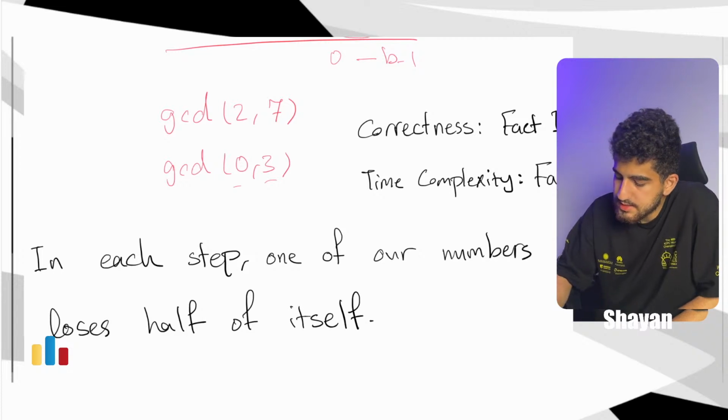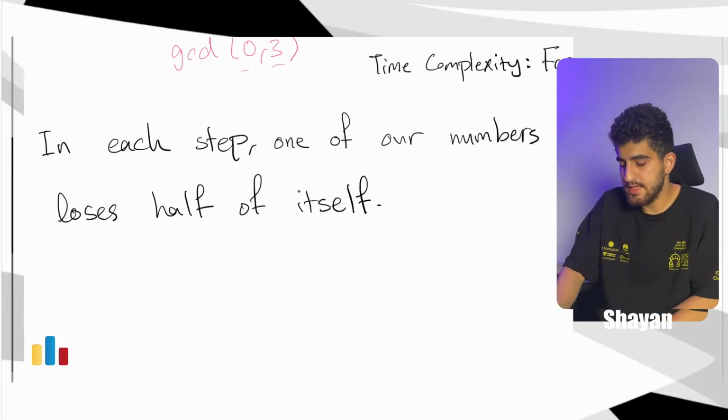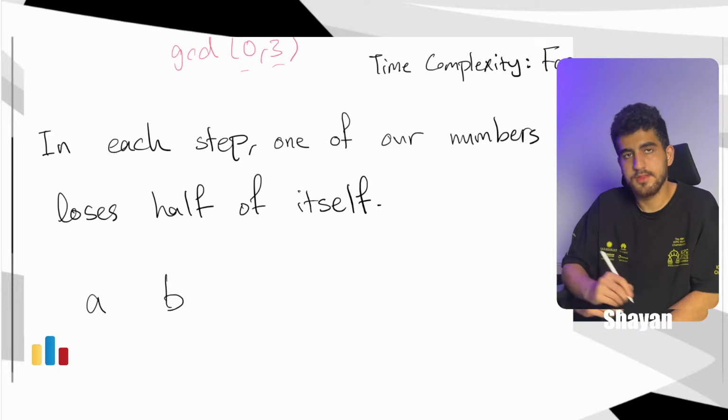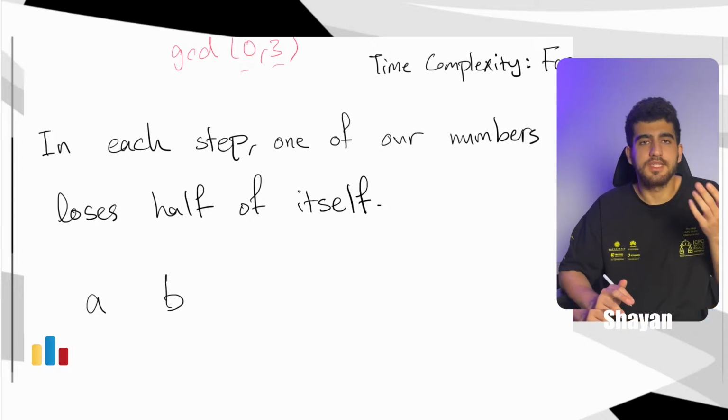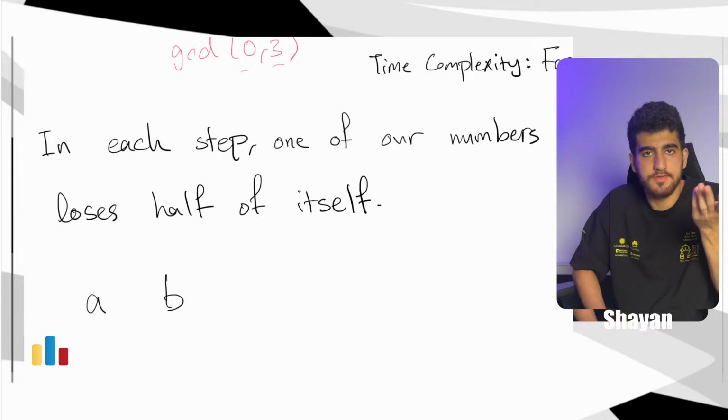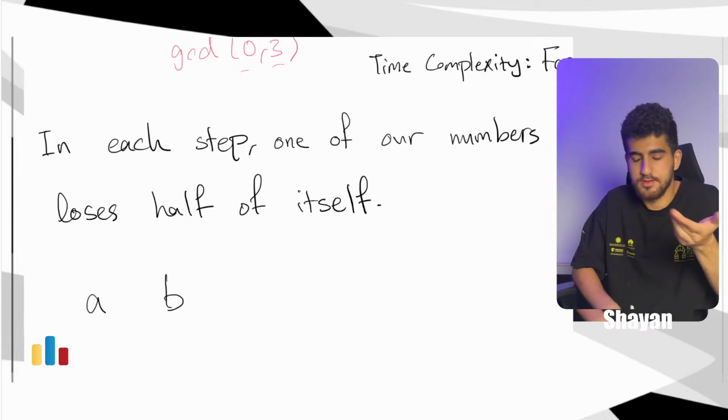And the point is that our numbers are up to something. I mean, a is up to something and b is up to something. How many times can a lose half of itself until it becomes 0?